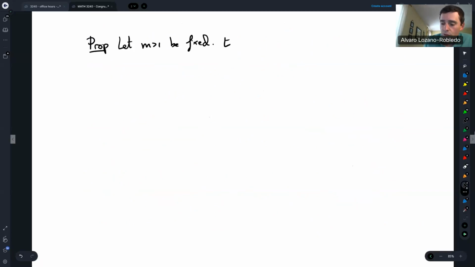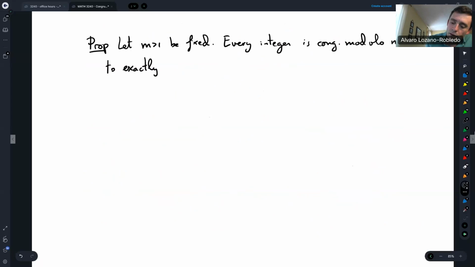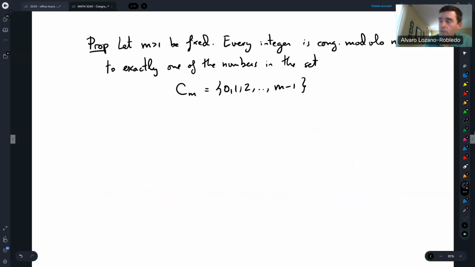Every integer is congruent modulo m to exactly one of the numbers in the set, which I'm going to call for now Cm, which is 0, 1, 2, up to m minus 1.